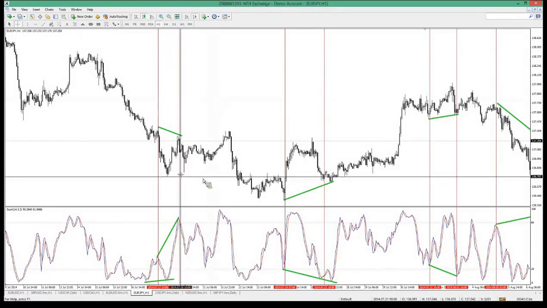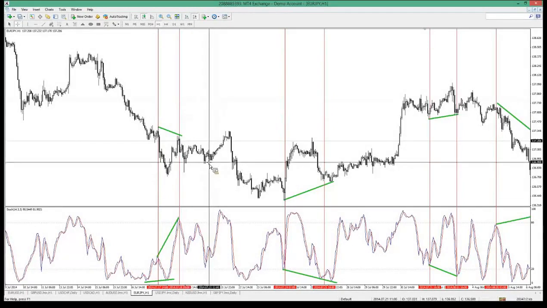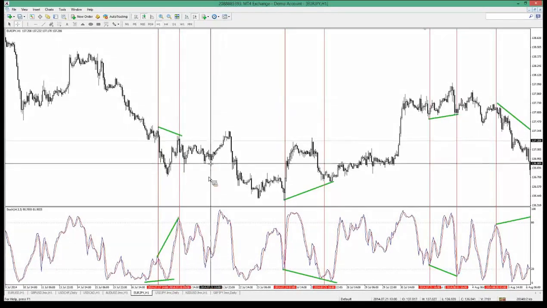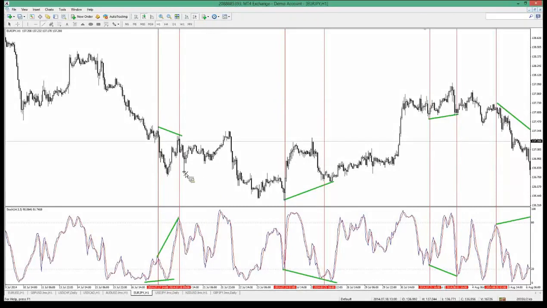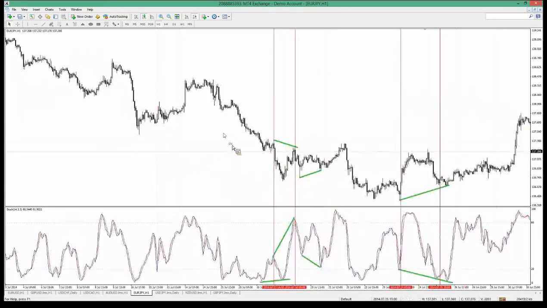Even in this little section here, which is obviously a bit of chop, it still works okay. We have price forming a higher low, stochastic forming a lower low. Any questions on that, guys?